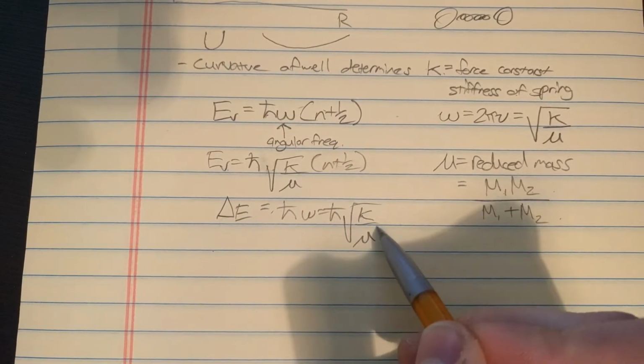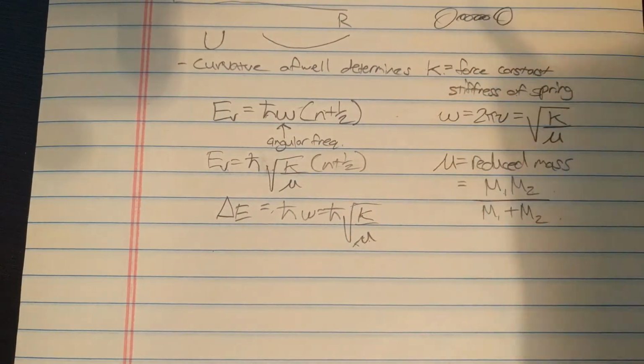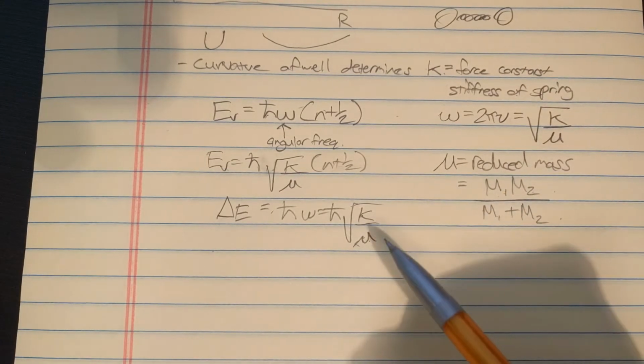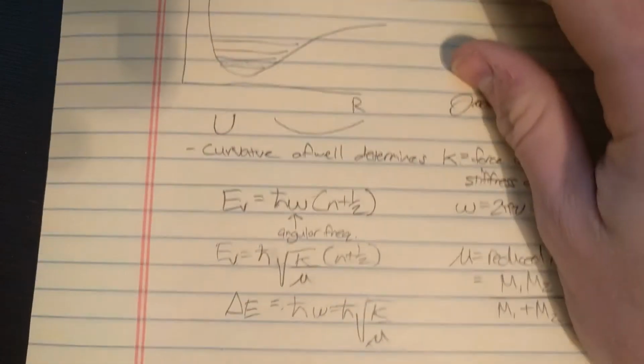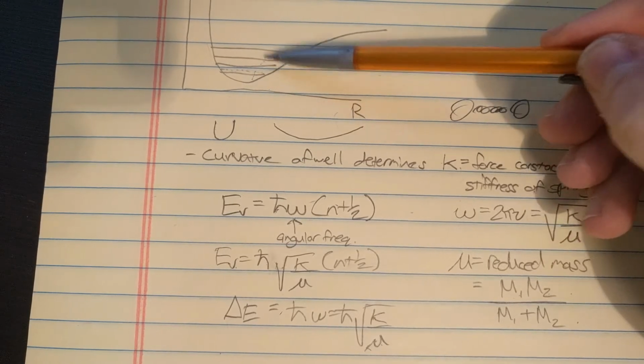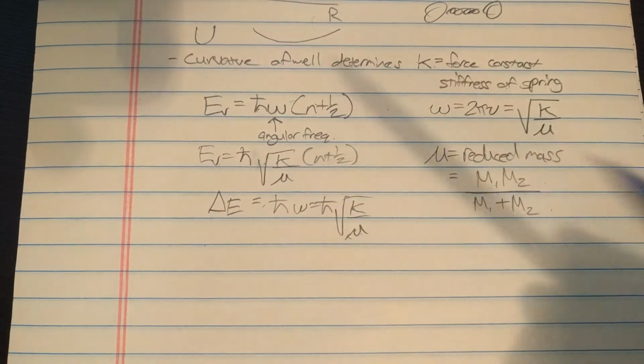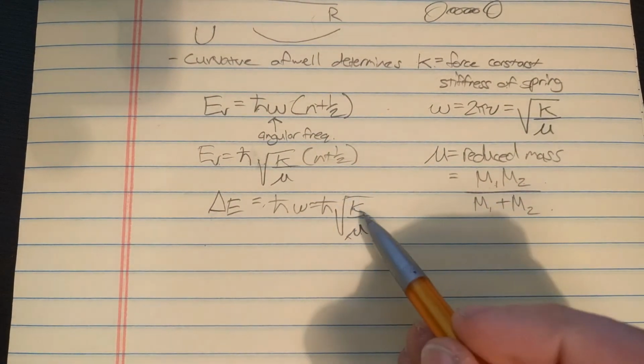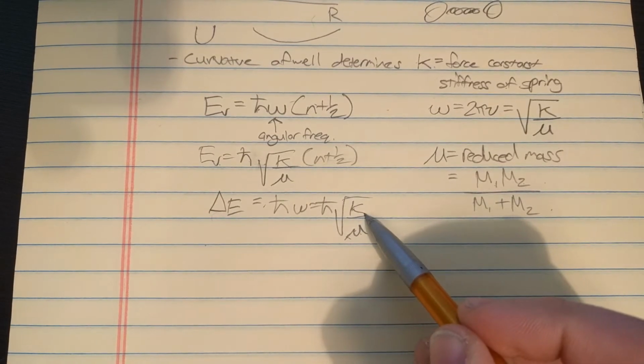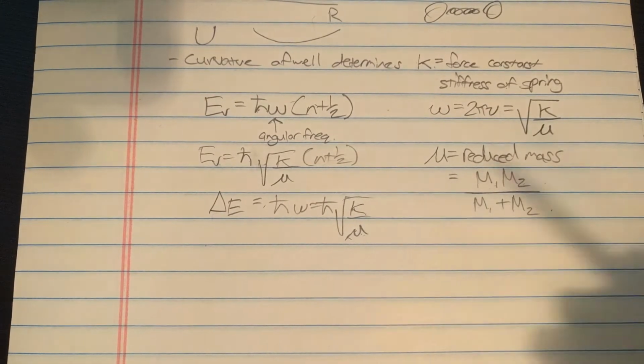And you can see that's a constant for as long as you have the same molecule. So that's why I said earlier that the spacing between the vibrational levels was constant, because this formula tells us that. And K is different for different molecules, and so is mu.